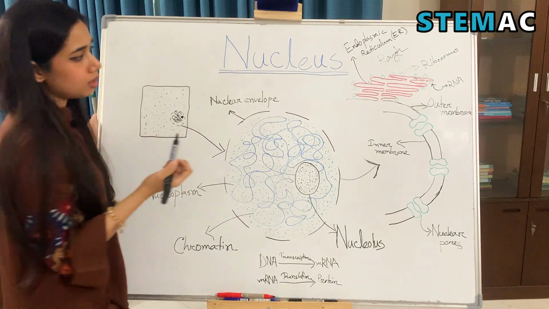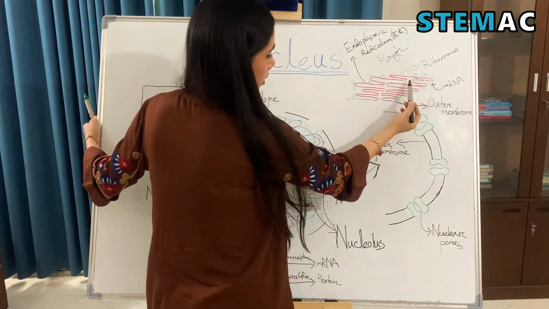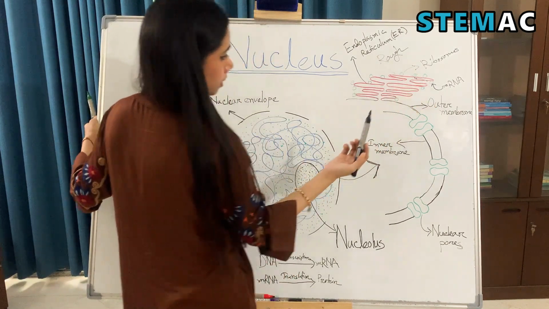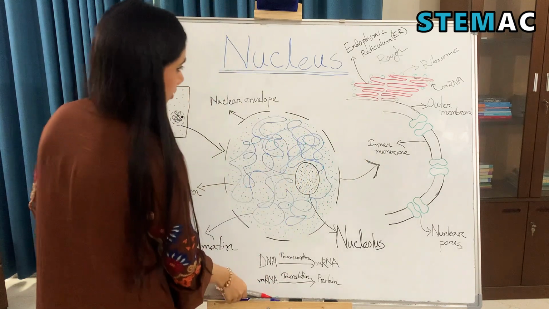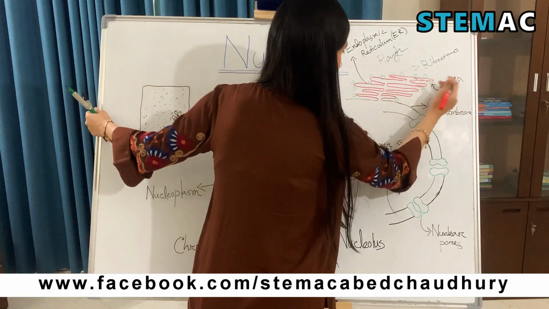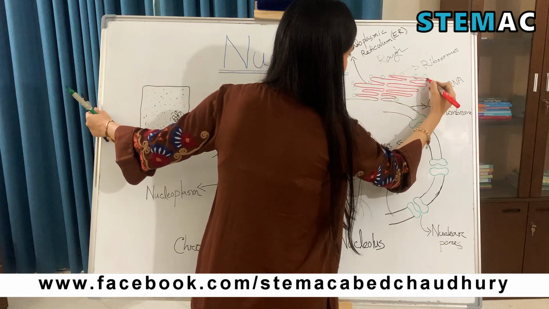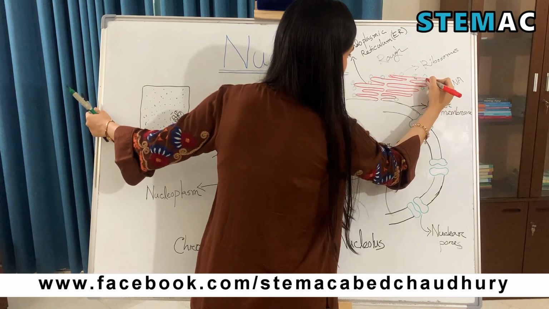So when the mRNA is converted to protein within the endoplasmic reticulum, the protein will then be released from the endoplasmic reticulum in small vesicles.